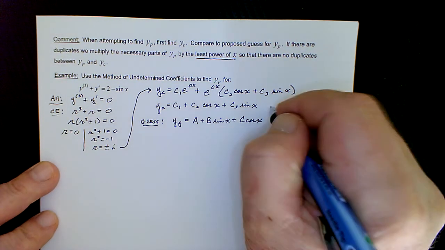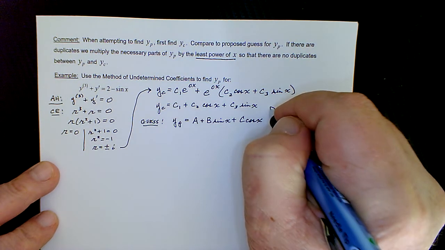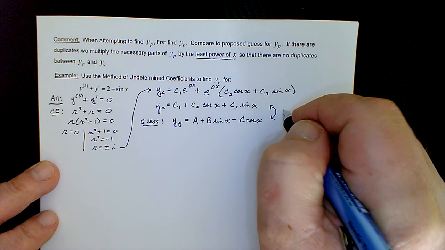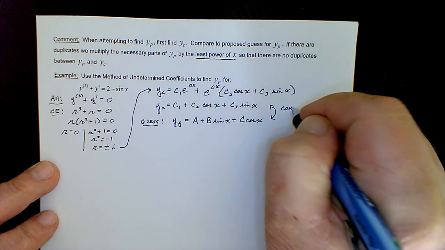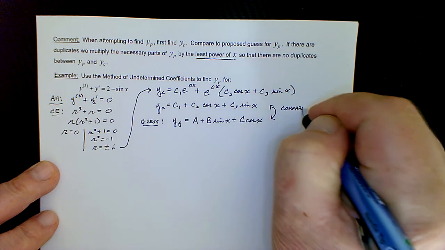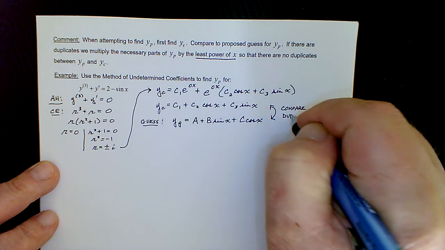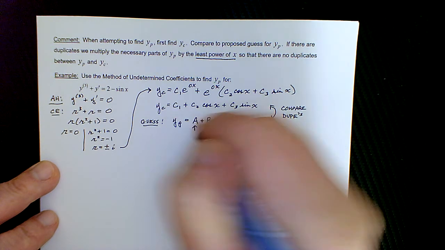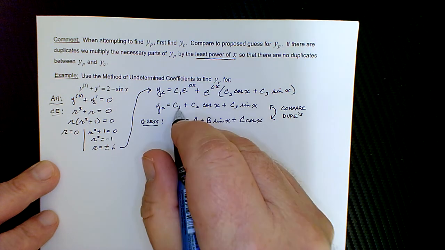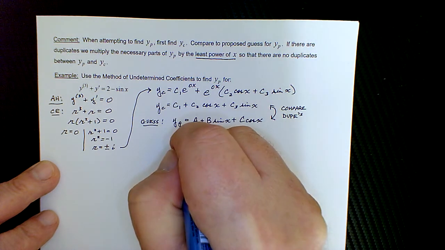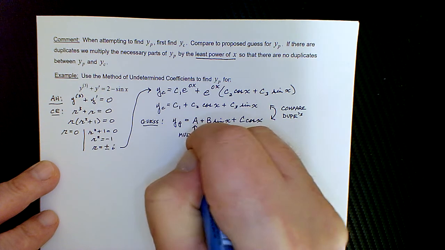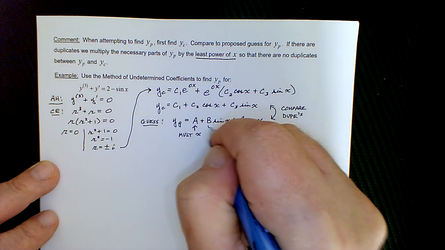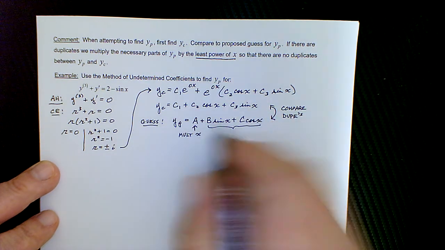Alright, so then we make a comparison, and we see that there are duplications. That is, the a is the same as the constant c1, so we're going to multiply that by x. And consider the sines and cosines together.